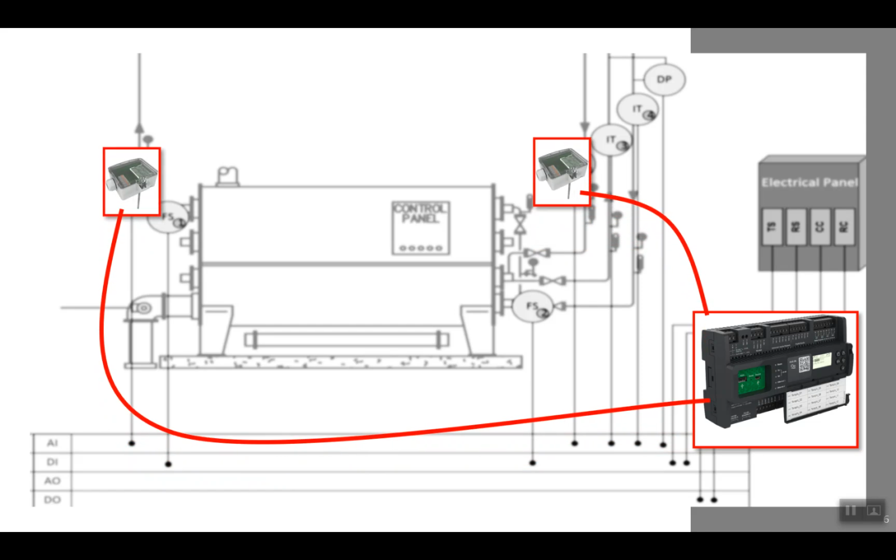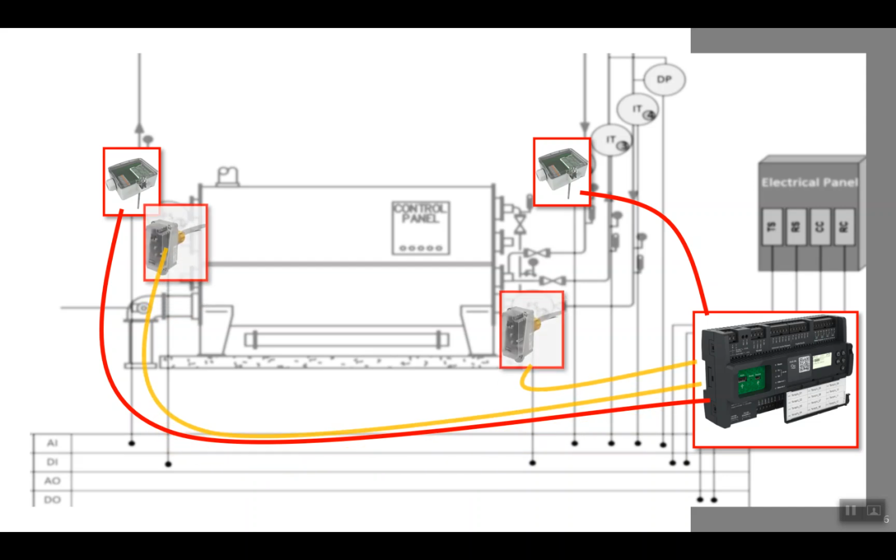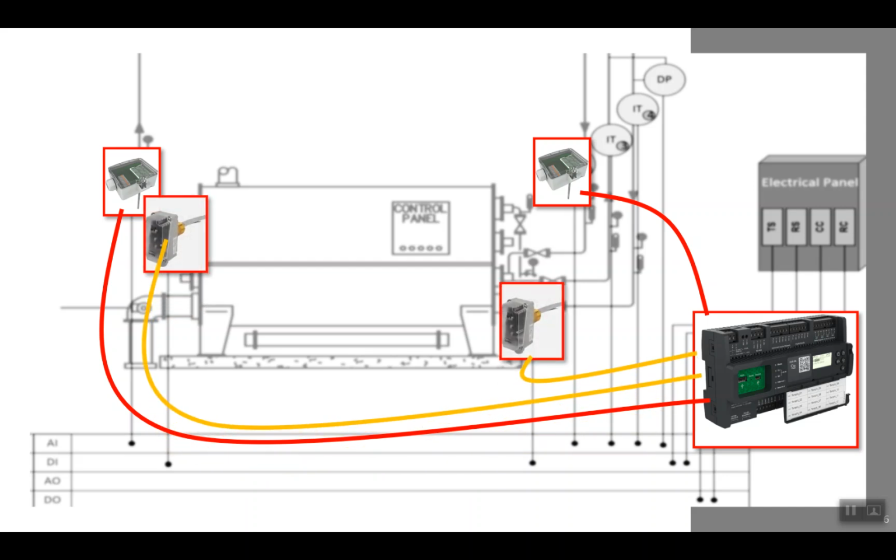First of all, we need the main controller with input and output, as you can see in the picture on the right hand side. We also need the temperature sensors for input and output of the evaporator, and the flow switch at the output of the evaporator and at the input of the condenser.